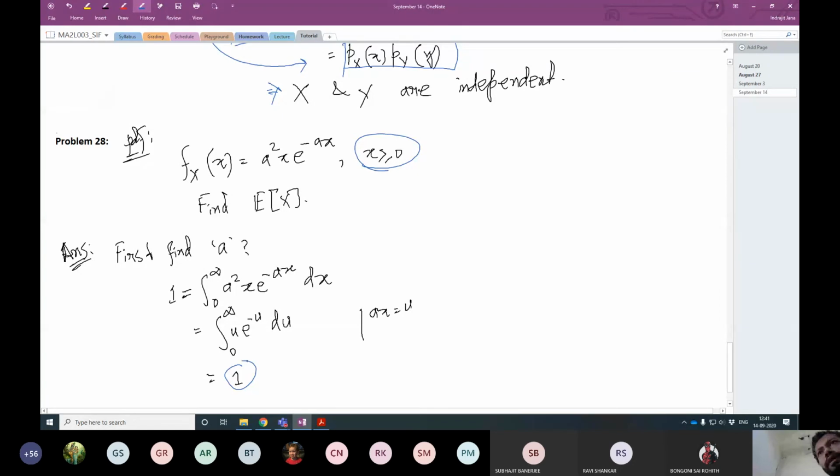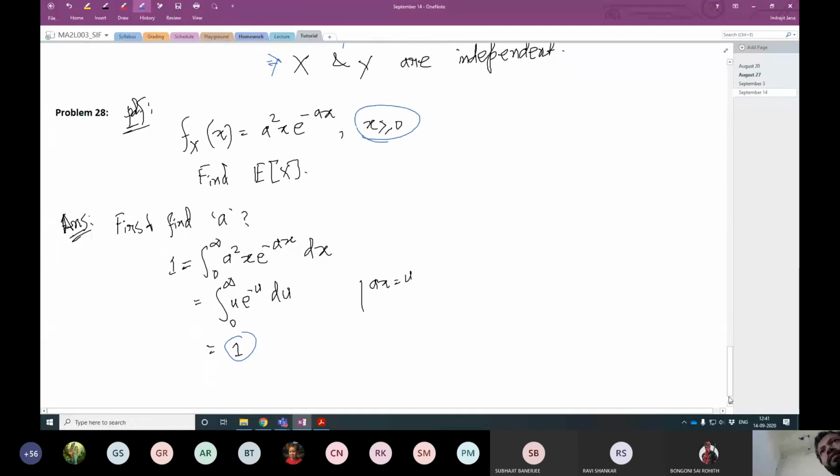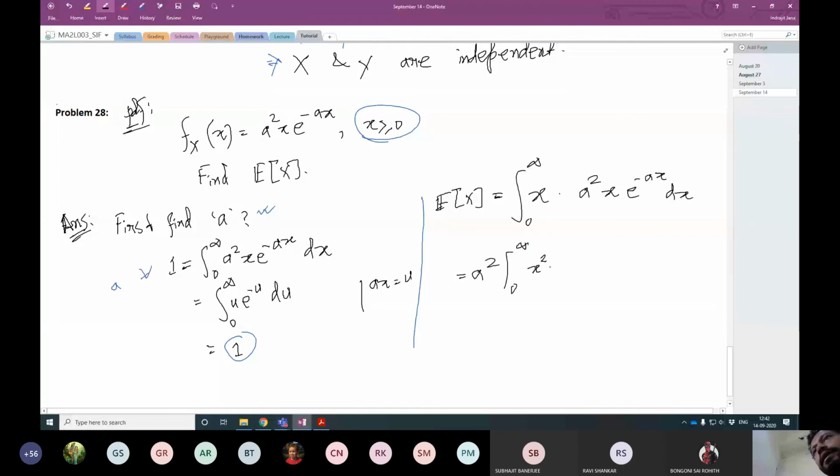Now, the expectation of x is going to be the integration of x squared e to the power negative ax dx, and if you do substitution, that's going to be 1 over a times the integral from 0 to infinity of u squared e to the power negative u du.